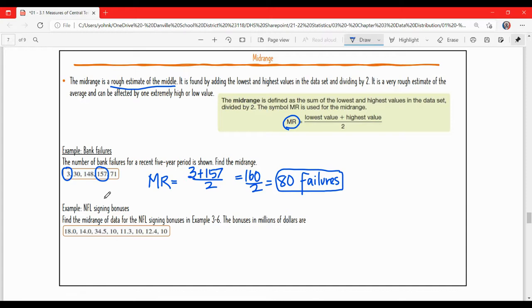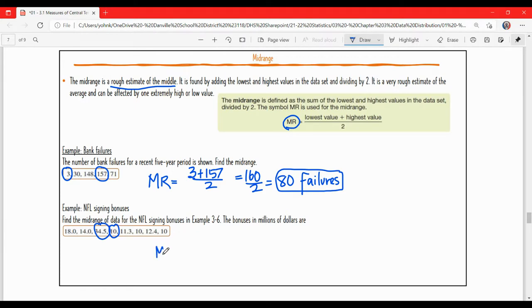If we look at this next one, NFL signing bonuses, find the mid-range of data for the NFL signing bonuses from a previous example. The bonuses are in millions of dollars. Remember we did this one earlier to find the mode, which was 10. So to find the mid-range, the smallest value is 10, and the biggest value is 34.5.